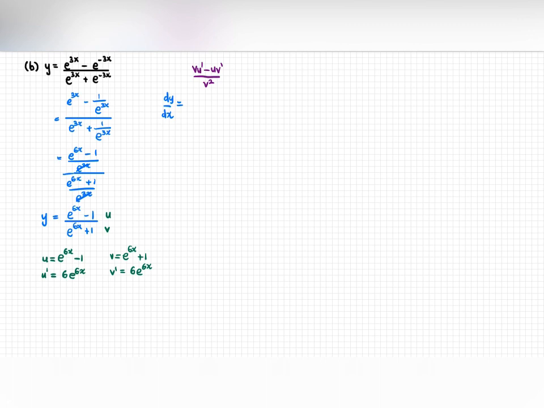So v adalah this, okay, salin je, e of 6x plus 1, u prime adalah 6e of 6x, minus u adalah e of 6x minus 1, and v prime is 6e of 6x. Okay, and then divided by v squared. V squared kita adalah e of 6x plus 1 squared.